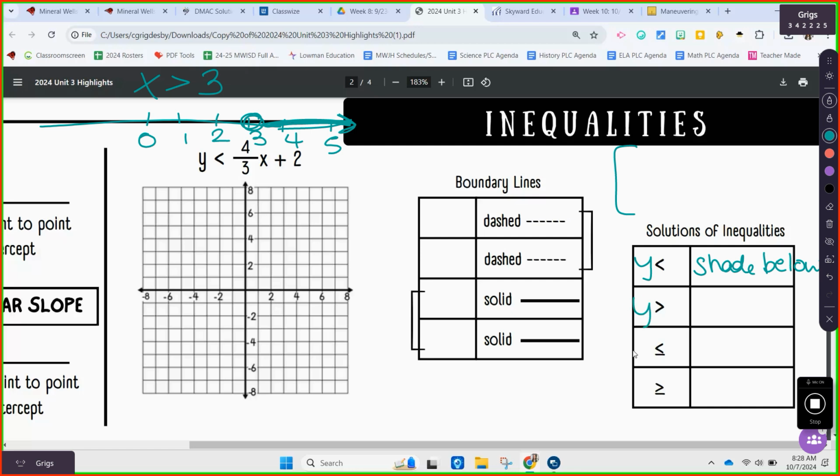Y is greater than, so I'd shade above. So if I said y is less than or equal to, which direction would I shade? I would shade below.